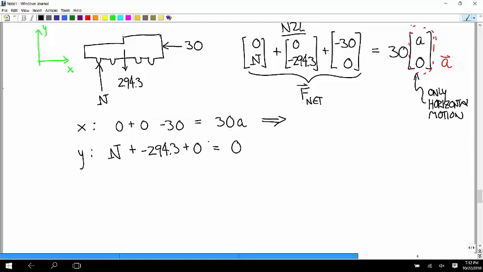Divide both sides by 30, and you get a is equal to negative 1. Well, we're just going to call it a. I mean, you could call it a_x. That's just a different variable name. I think you're thinking about it right. But since there's no y component, we'll just call the x component something simple.